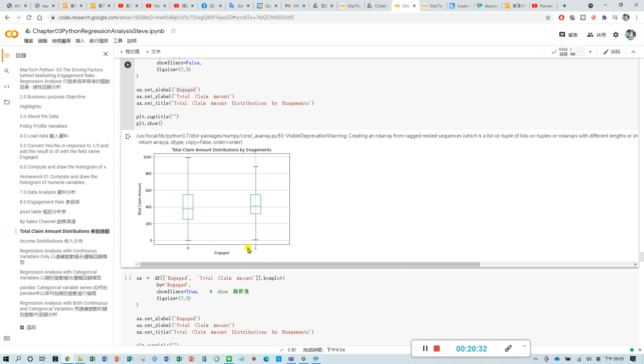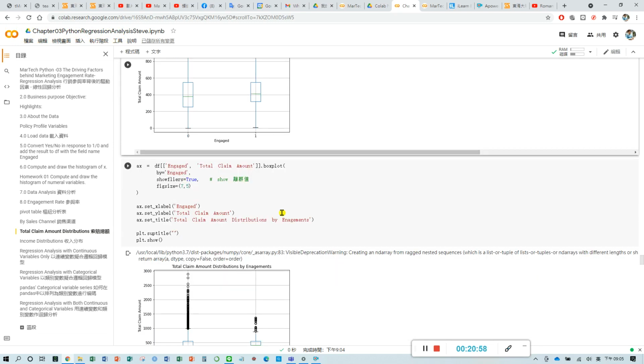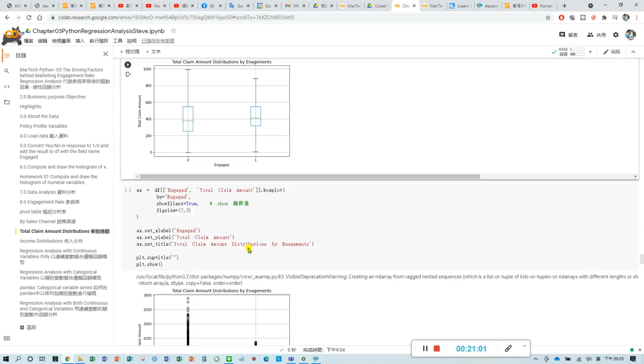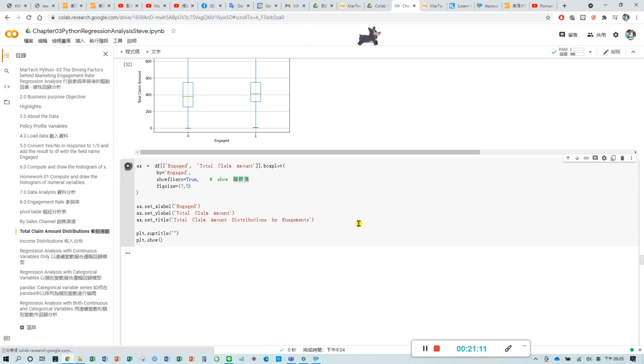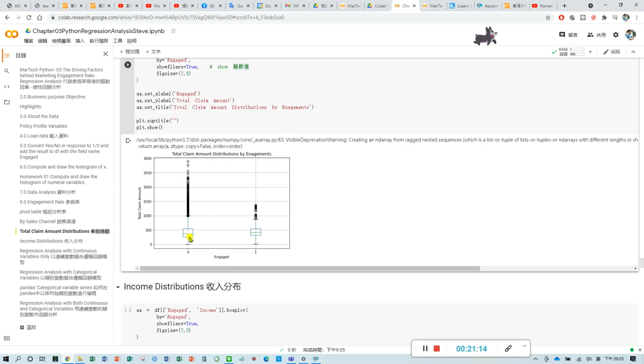For engaged customers, the average of total claim amount is a little bit higher than not engaged. 看到哈，有出险的人，他们的出险的平均值呢，会比没有出险的平均值呢，是稍微高了一些。Okay, but with these parameters, we also show the outliers. Basically, the dots show the outliers.